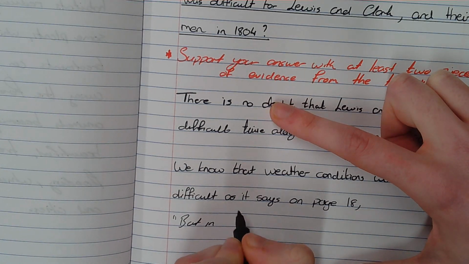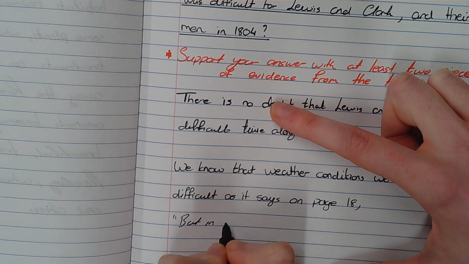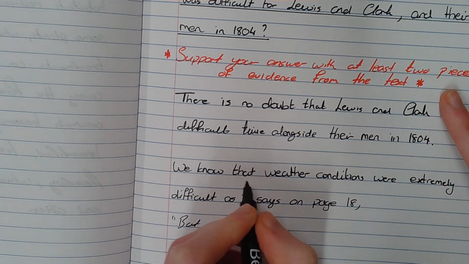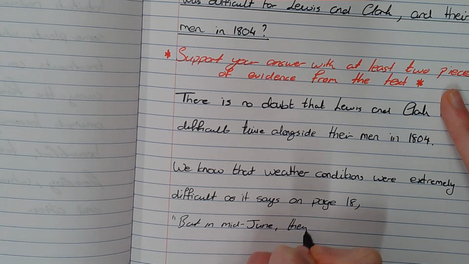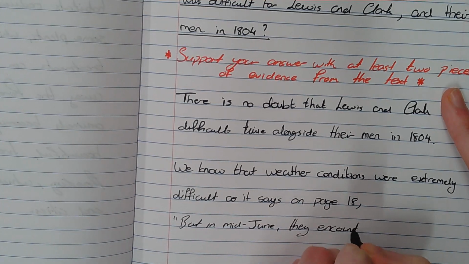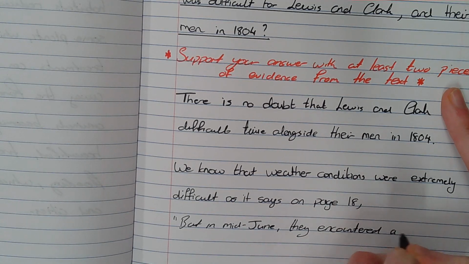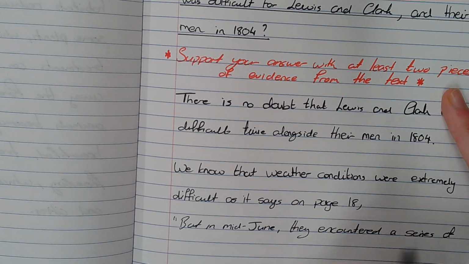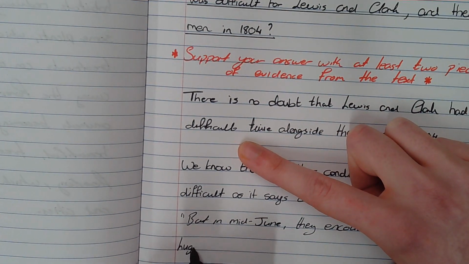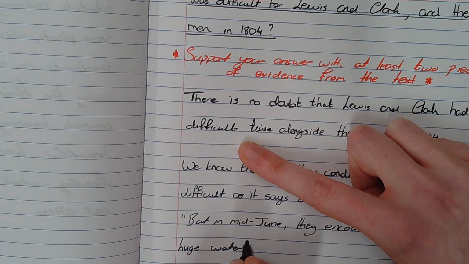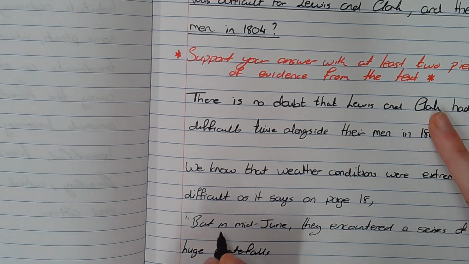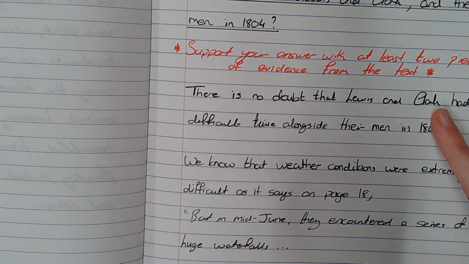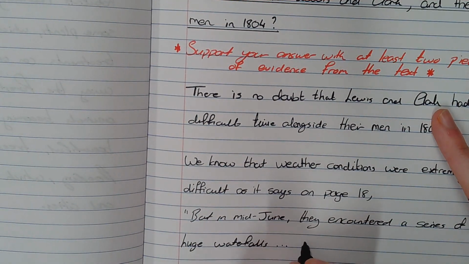Now I quote. So I go to page 18 and I find my quote. But in mid-June, they encountered a series of huge waterfalls, and I can skip a few words in the quote that I don't need, and violent storms.